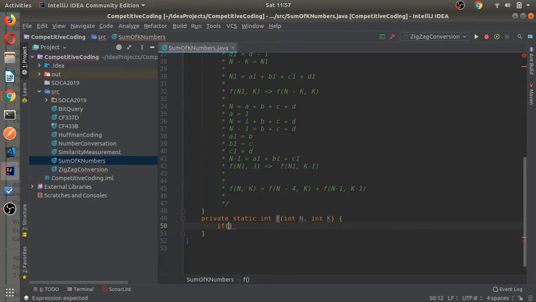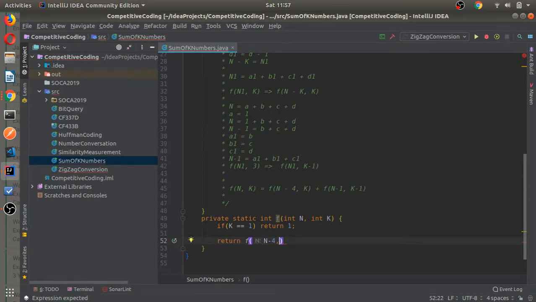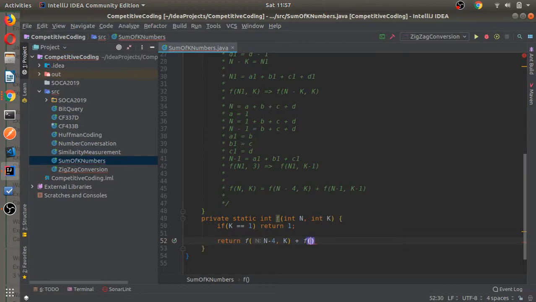So if k is equal to 1, then return 1, else return f of n minus 4 and k plus f of n minus 1 and k minus 1.